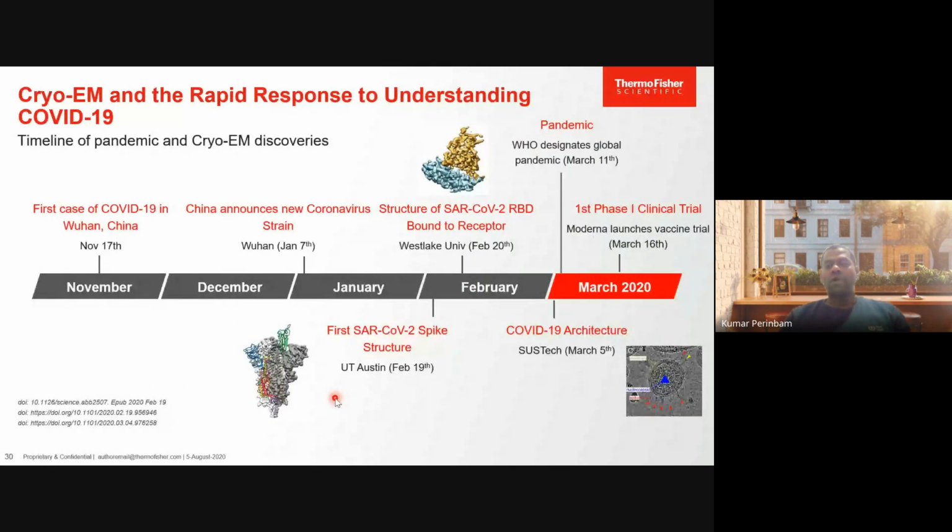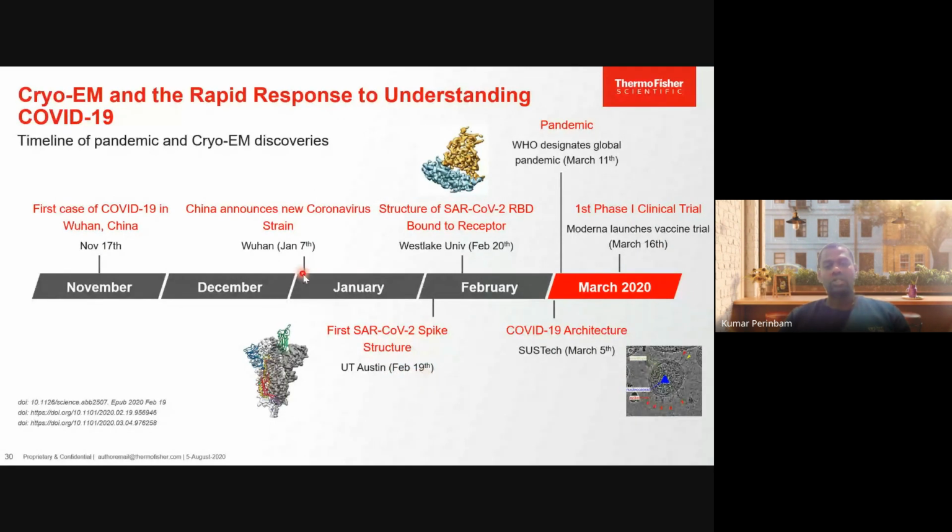So Cryo-EM has been quite useful during COVID. As you can see, in November of 2019 was when the first case was observed. China announced there's a coronavirus outbreak on Jan 17th, and then the first structure was solved on Feb 19th.